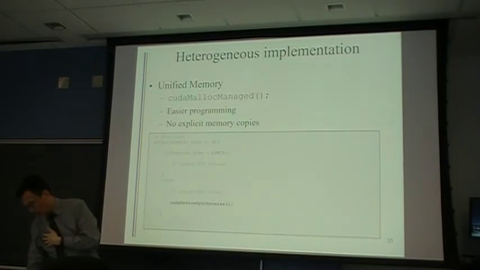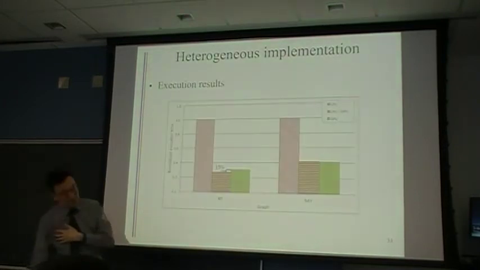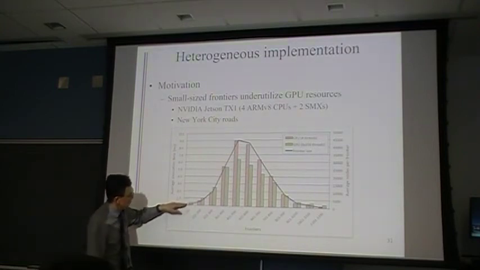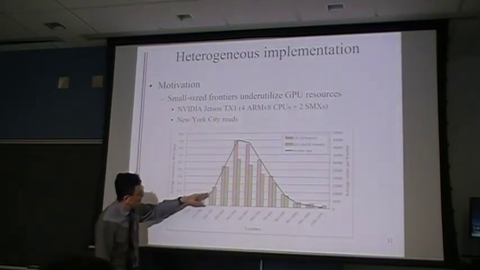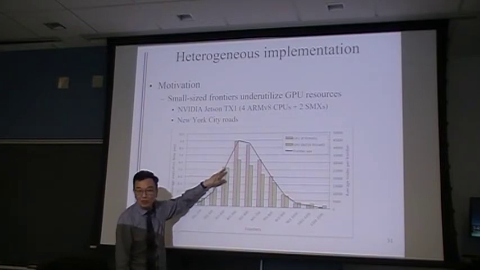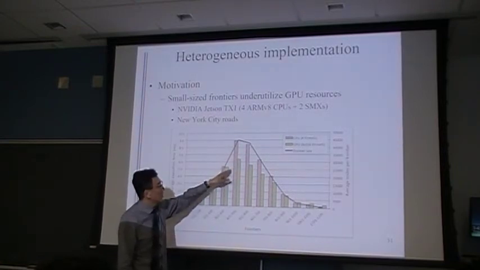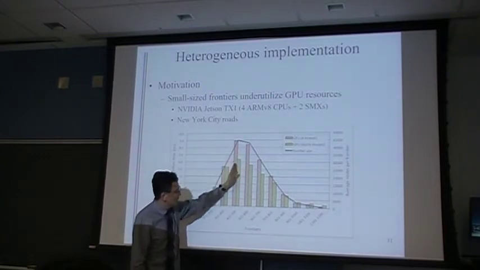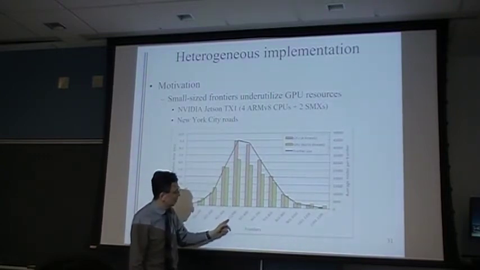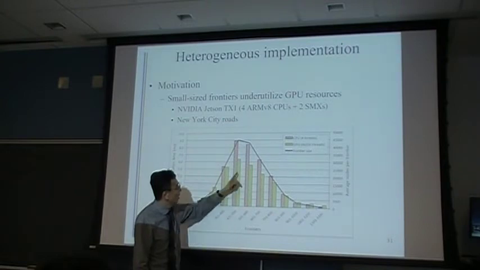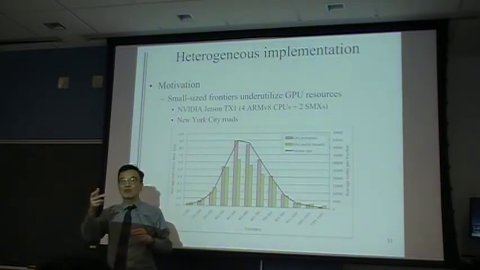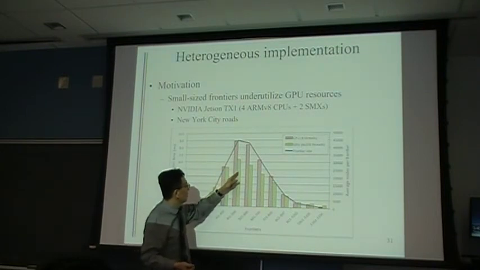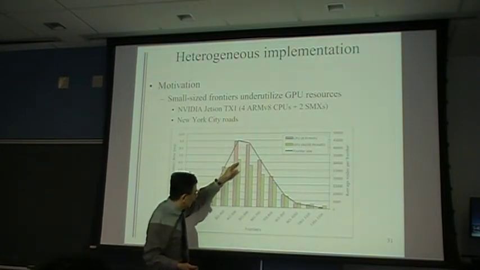So what you can expect is that in this frontier, you would start with the CPU, okay, and then at some point you have this crossover. You say, okay, the next one I'm going to use the GPU, but then when the GPU kicks in, at let's say frontier 401, you will start to have a bunch of page faults, and that's when the data gets pulled to the GPU side.